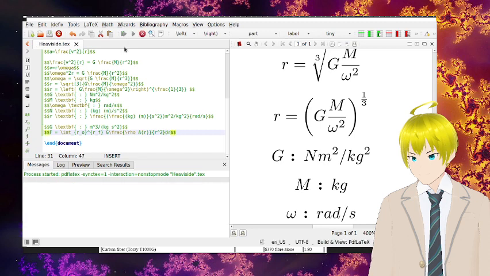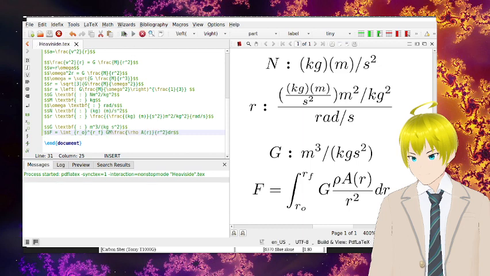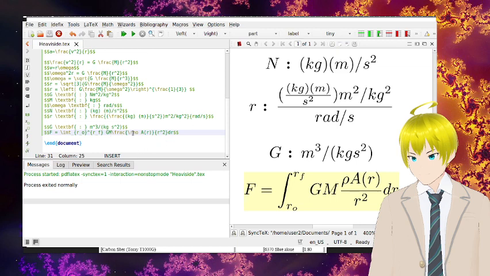So I believe it looks like this. Oh, times the mass of the Earth, of course. So the mass of the Earth, let's just put it next to G. Oh, and rho is a function of r, of course.